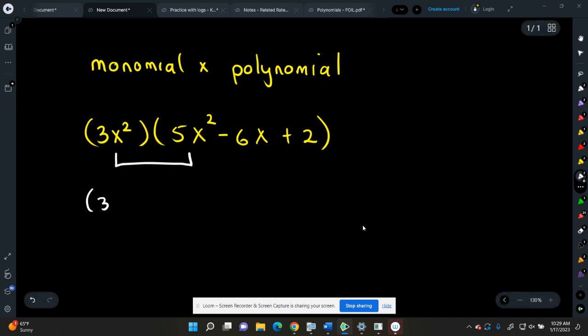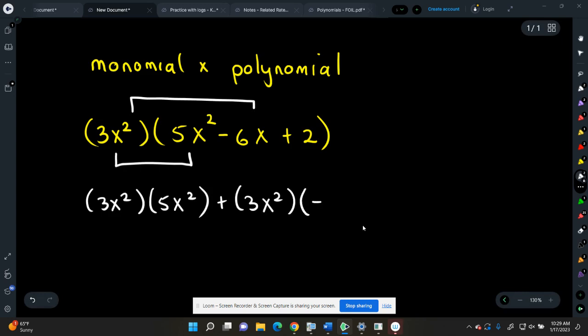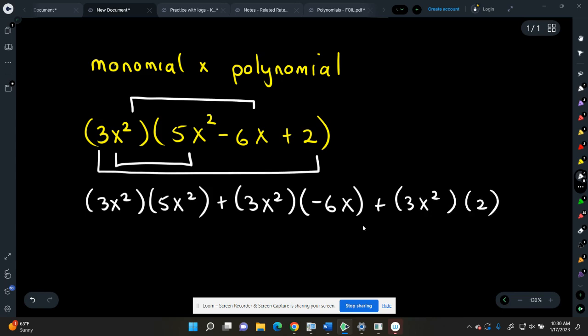So this is going to be 3x squared times 5x squared, and then we distribute it to the next term, so plus 3x squared times negative 6x, plus 3x squared times 2. So we distribute it to everything inside the parentheses.